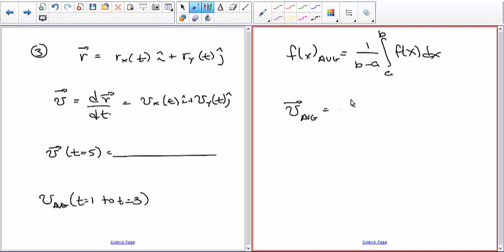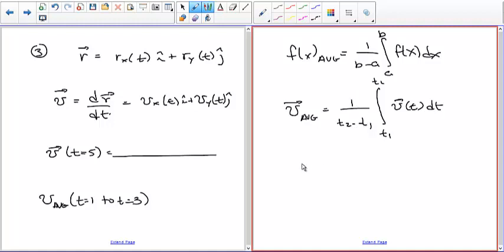What you do is you take 1 over t2 minus t1, the two times you're finding the average velocity between, times the integral from t1 to t2 of v of t, the velocity vector, times dt. So you'd integrate this, evaluate that integral, and then divide by the time over which it occurred.